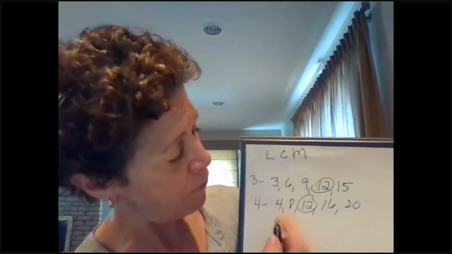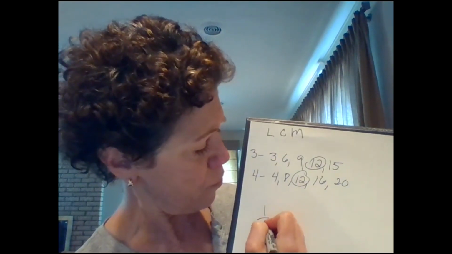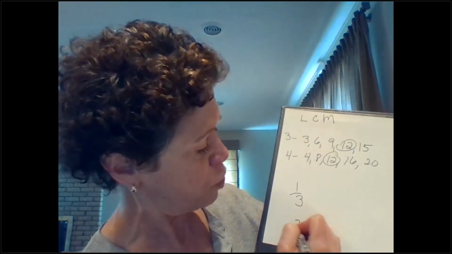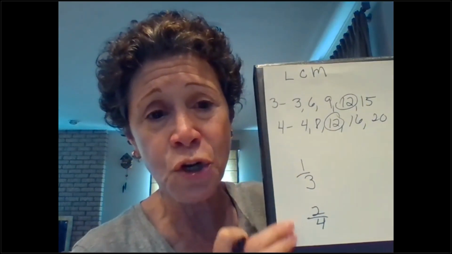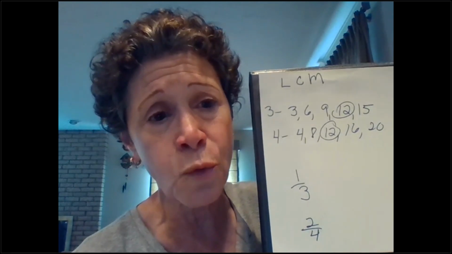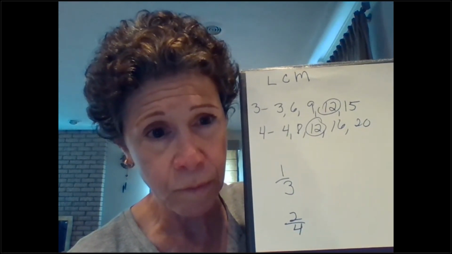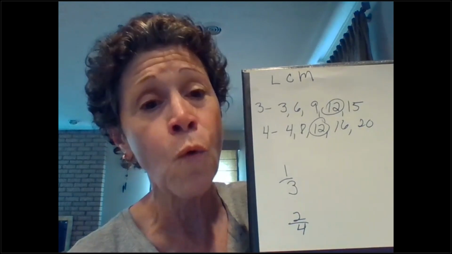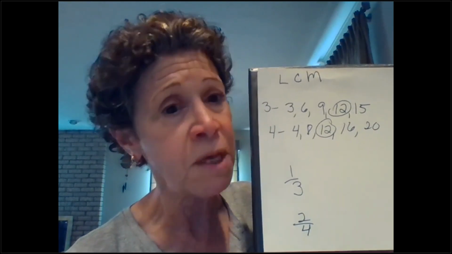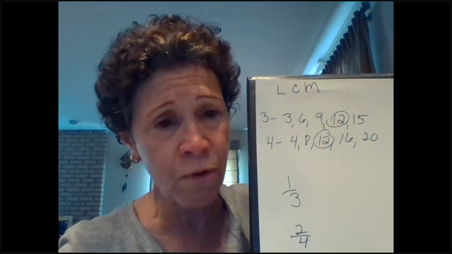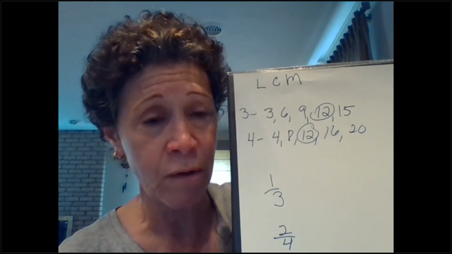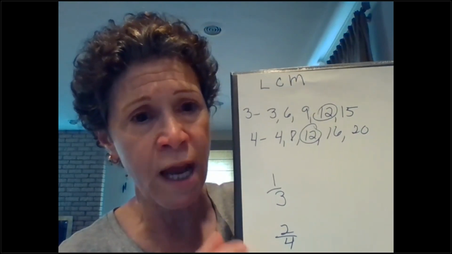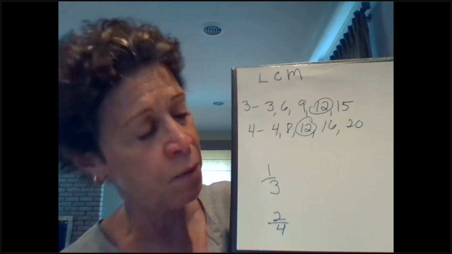So if I had a fraction that was 1/3 and a fraction that was 2/4, and I wanted to turn these fractions into equivalent fractions, then I want to know the least common multiple, because I don't want to turn them into a huge number if I don't have to. The smallest common denominator I can come up with is that least common multiple.